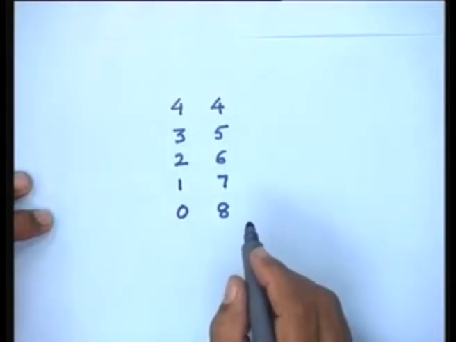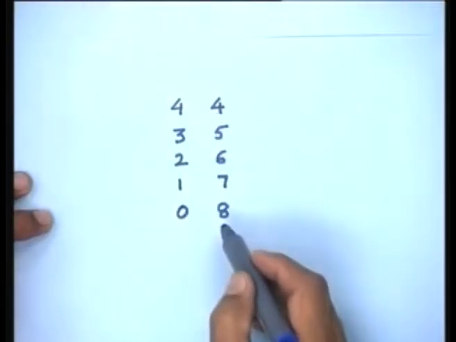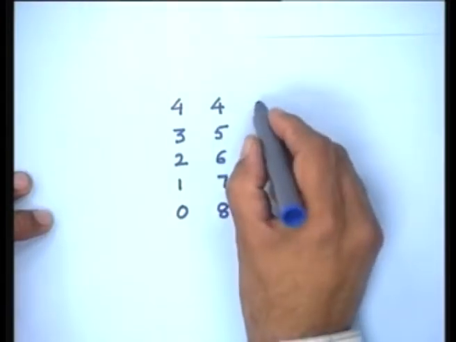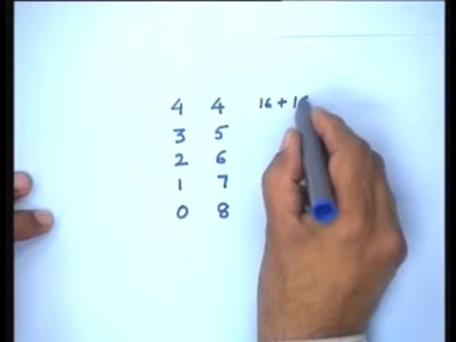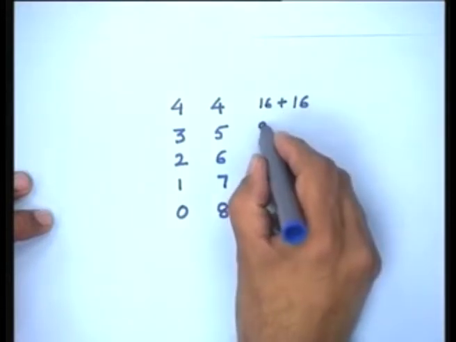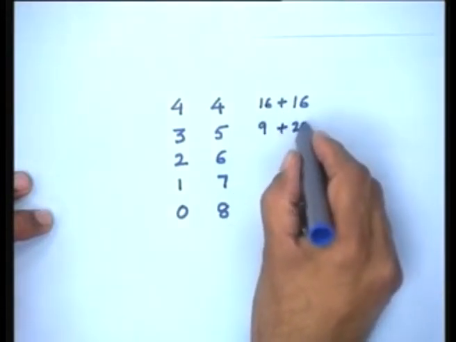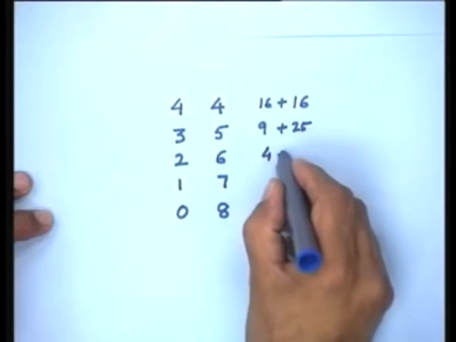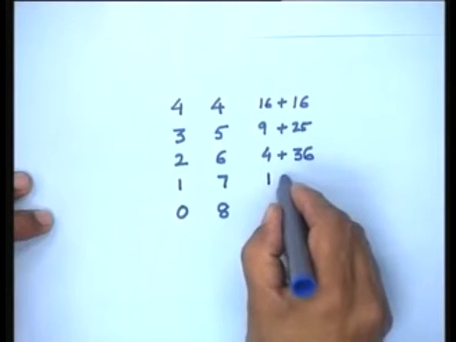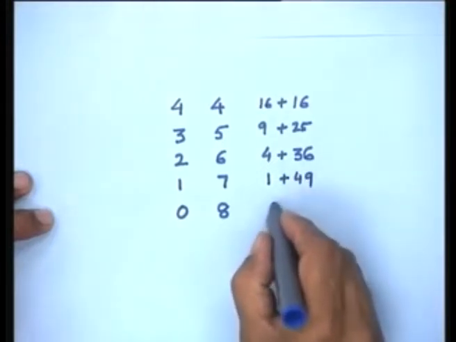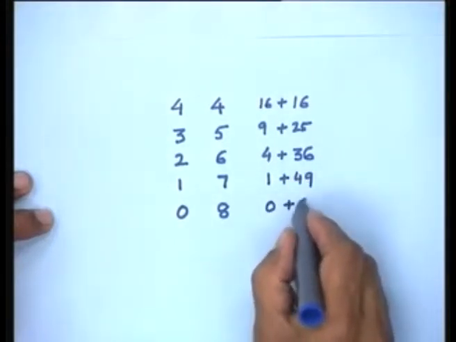So what you really see is that if you look at the sum of the squares, in this case you will have 16 plus 16, here you will have 9 plus 25, here you will have 4 plus 36, here you will have 1 plus 49, here you will have 0 plus 64.